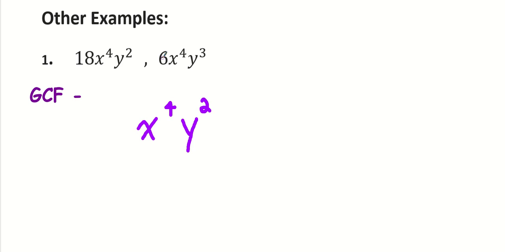If the numbers are small enough that your mental math abilities can figure out what is the largest factor that 18 and 6 both have. In other words, what's the biggest number that can be divided cleanly into both 18 and 6? I can do it. It's 6. And so this problem can be over and done with right now.